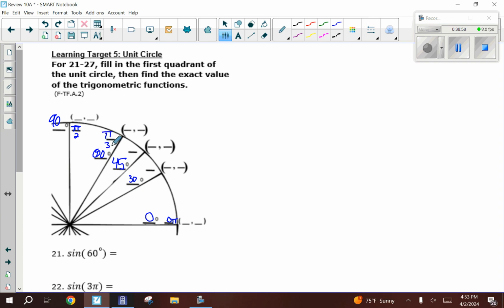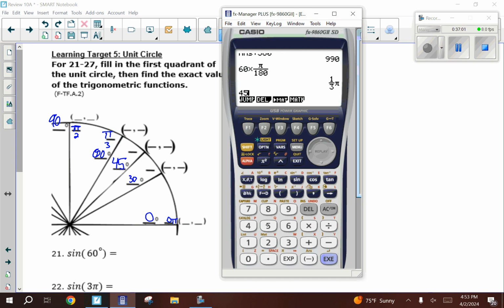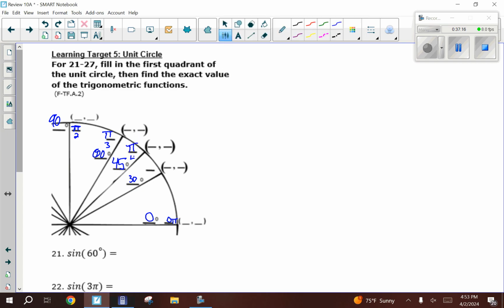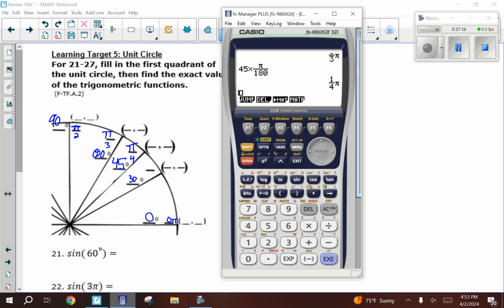Then for this one, I do the same thing with 45 times pi over 180. That's pi fourths. And the last one is 30 times pi over 180, and that's pi sixths.